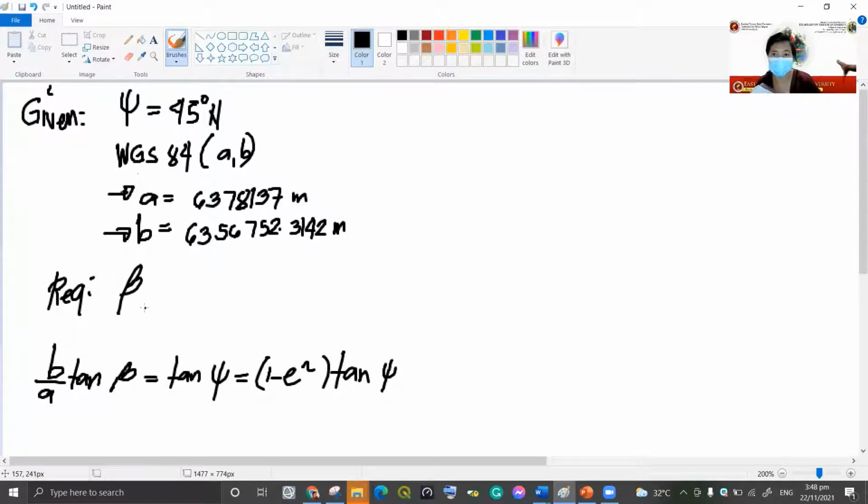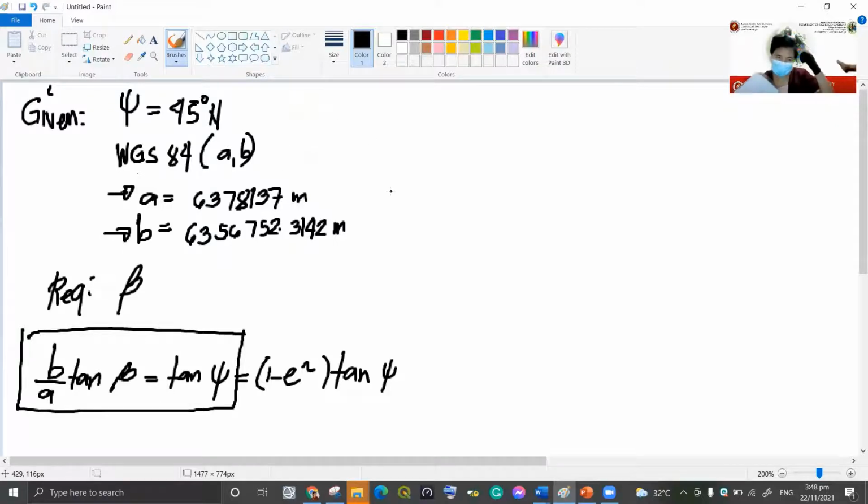Since the only latitudes included in this problem are the geocentric and the reduced, we are only using this relationship to compute. This is very basic since we already have the values.